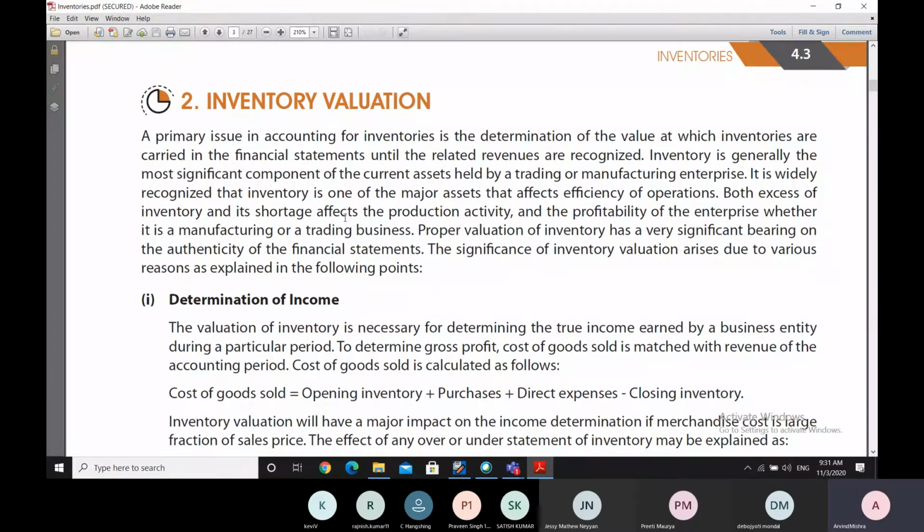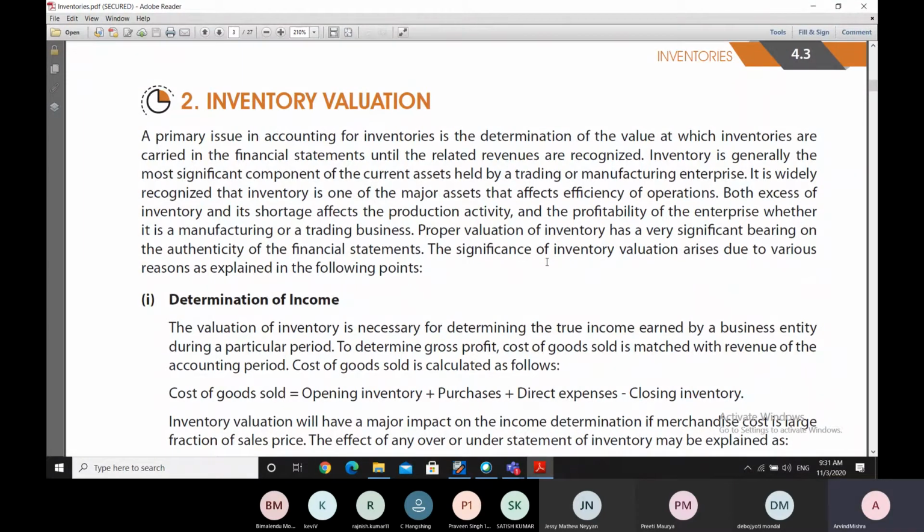If you have excess inventory or short inventory, it will affect the production activity, and the profitability of the enterprise will also be affected. Inventory should be just right. Proper valuation of inventory therefore has a very significant bearing on the authenticity of financial statements.